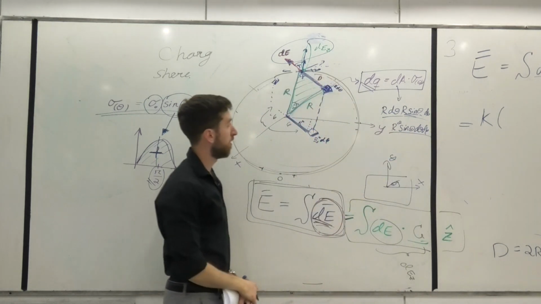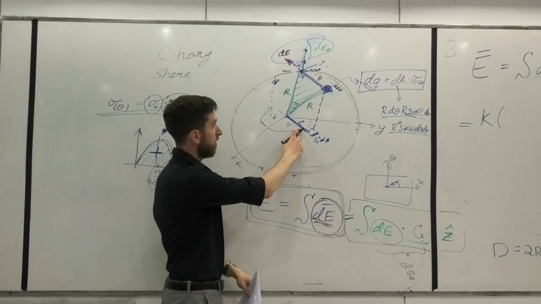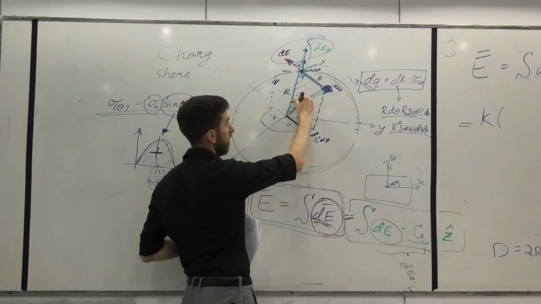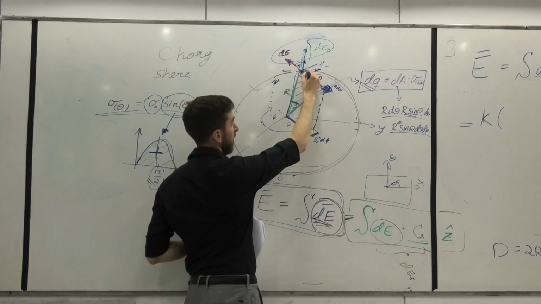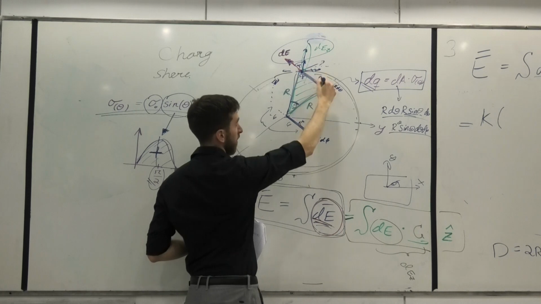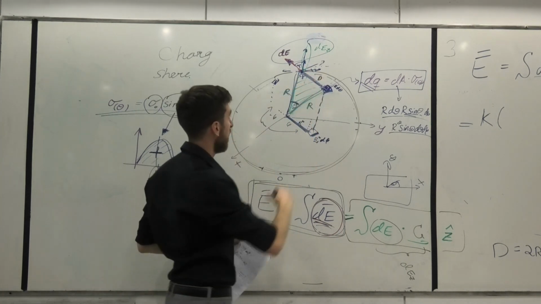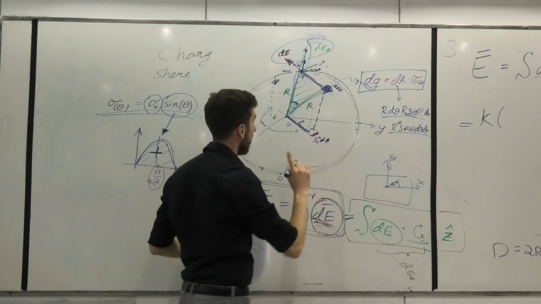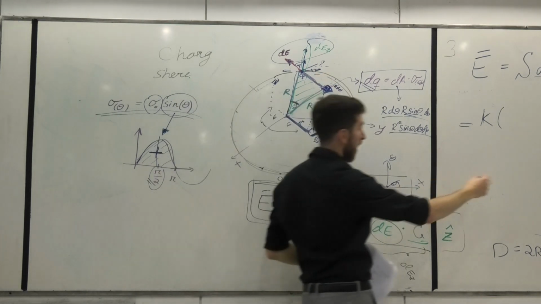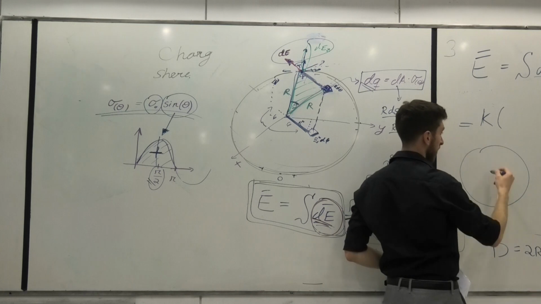But how did you get the R sine theta d phi? From this triangle. It's a little confusing, but it's similar. It's not the same triangle. I'm going to draw it here.